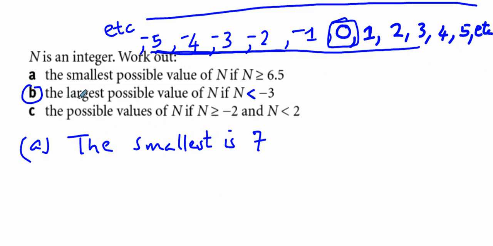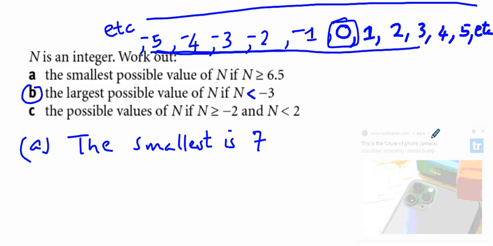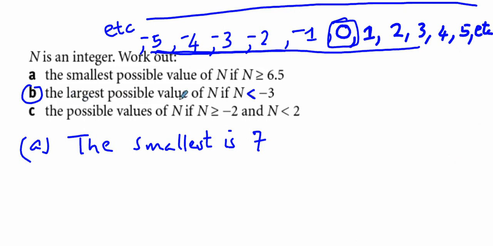Let us first work out the possible values of integers which are less than -3.